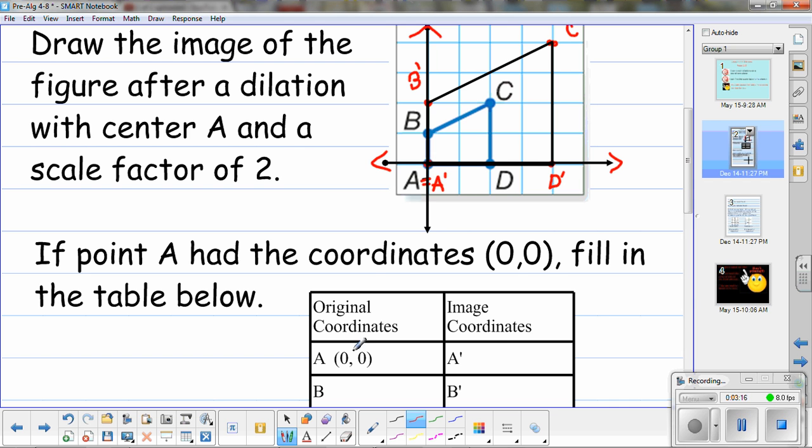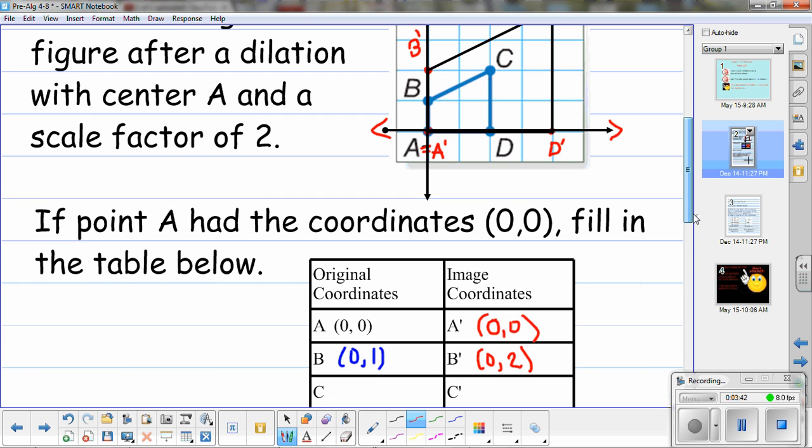A was at 0, 0. A prime is also at 0, 0. B was at 0, 1. B prime is at 0, 2. C is at 2, 2.